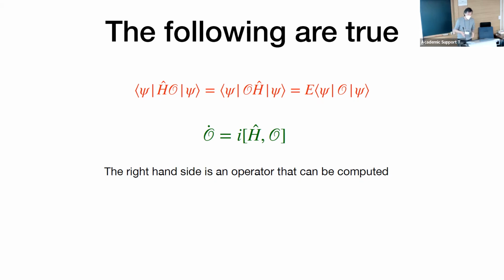And this is special for having an energy eigenstate. So when we do this, you can compute the commutator of H and O, and then the expectation value of that operator vanishes identically. Okay, so this is the same statement that we were trying to do in classical physics, but now it's fully quantum.